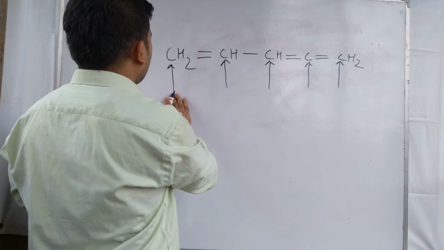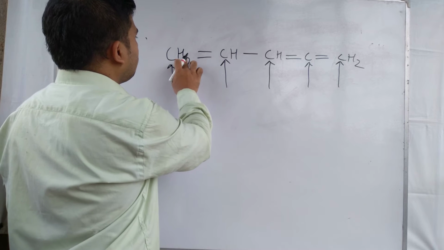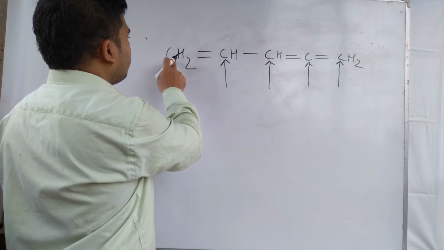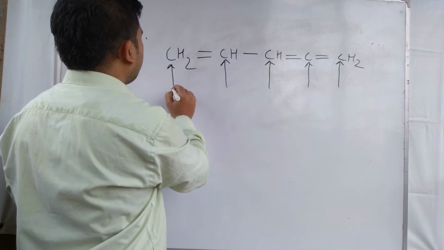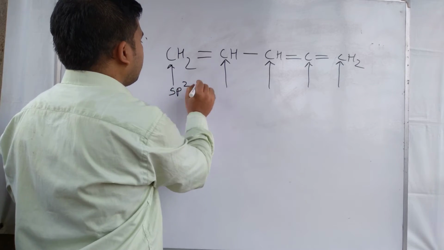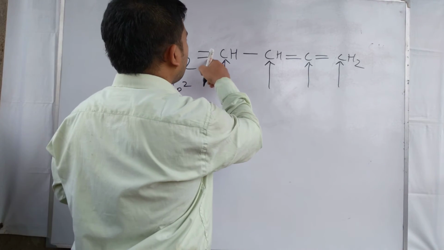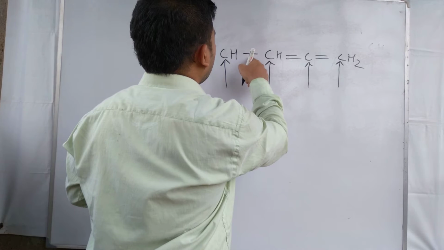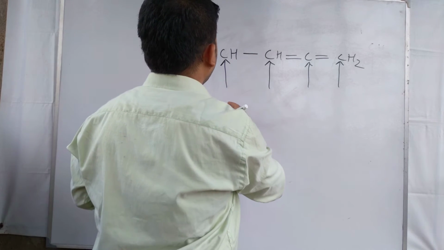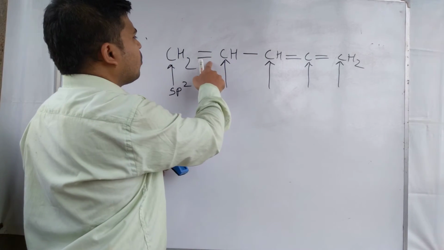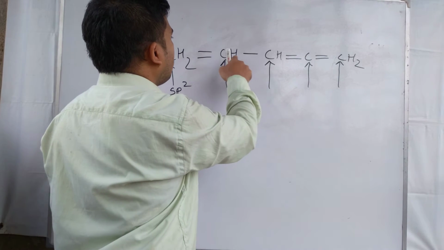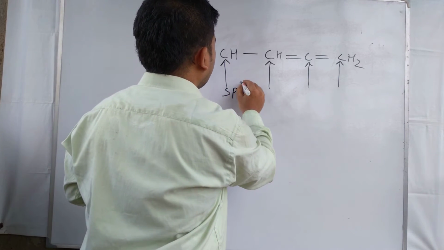First look at this carbon. Here 2 hydrogens are bonded with the carbon, so 2 pairs and 1 pair, so 3 pairs, which means it is sp2 hybridized. For the next carbon, 2 plus 1 plus 1 means 4, but a double bond is counted as one pair only, so 1, 2, 3, and therefore it is sp2.